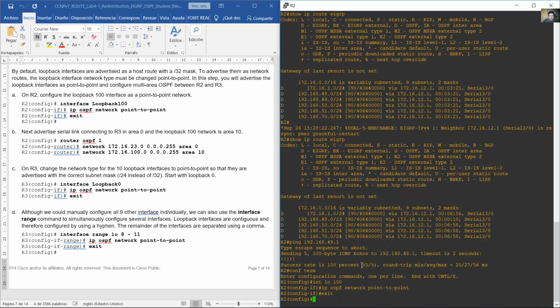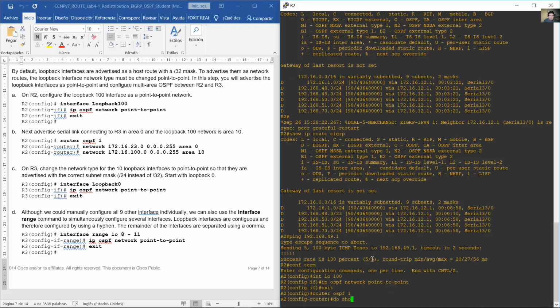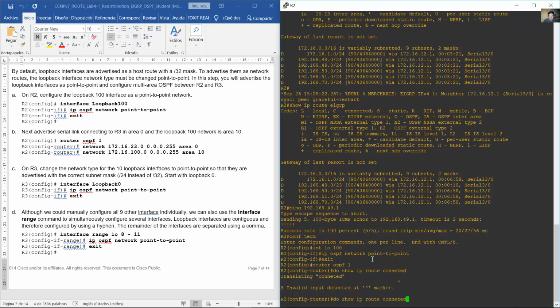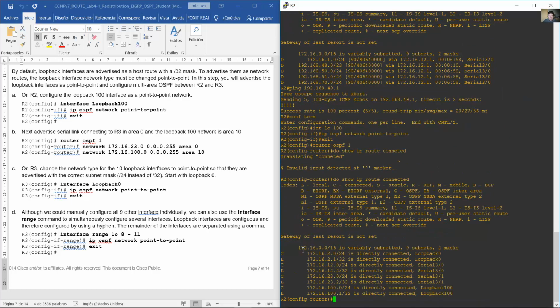Okay, then advertise on OSPF, router ospf process ID 1, and show ip route connected. Loopback 0 and serial 0 are on EIGRP; configure serial 31 on OSPF and loopback 100 on OSPF.